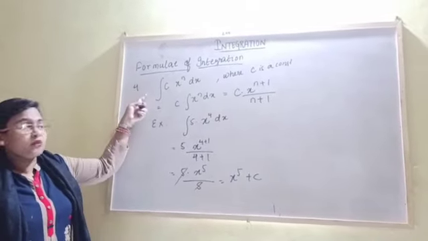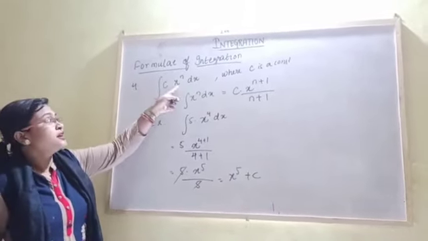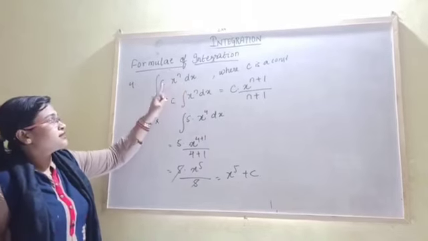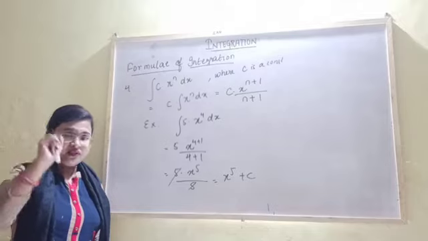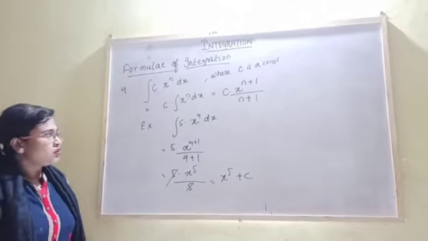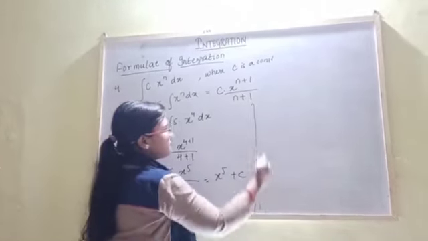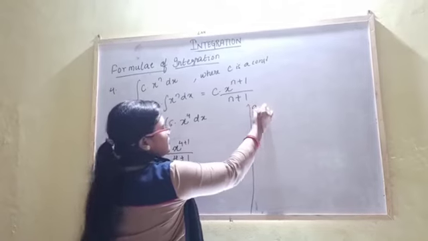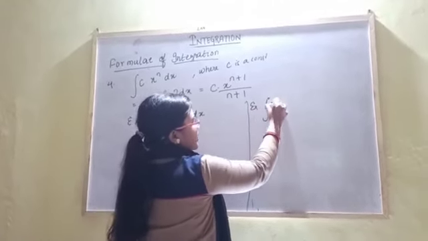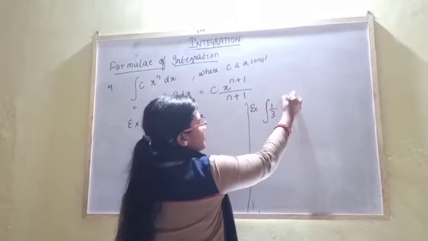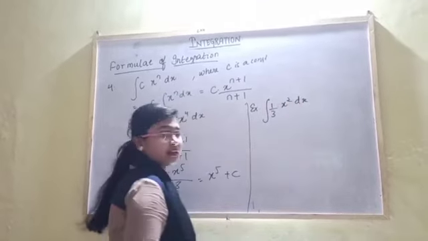So this is the fourth formula. If a constant is multiplied with x to the power n dx, you can just take out the constant and integrate using the first formula. One more example is integration of 1 by 3 x to the power 2 dx. Clear?